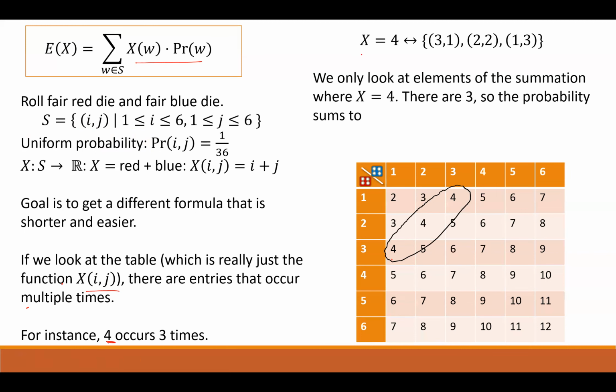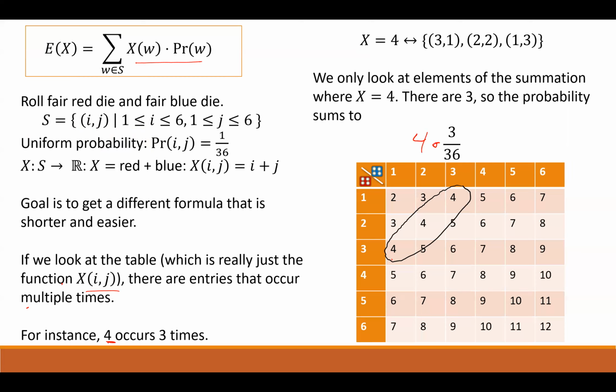So I want the event itself, x equal to 4, which is equal to these 3 outcomes. These 3 outcomes all map to the same value. And they all have the same probability, but I can determine the probability of this event as a whole. So this has probability 3/36, simply the size of the event over the size of the sample space, and this entire event has the value 4.